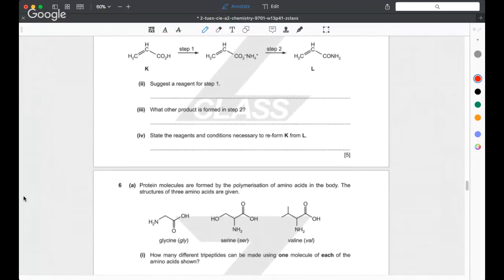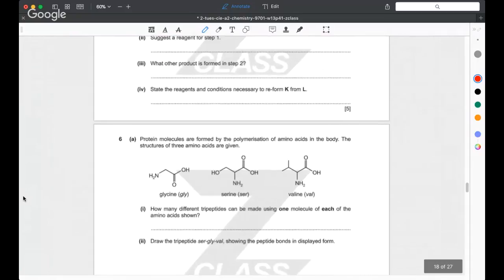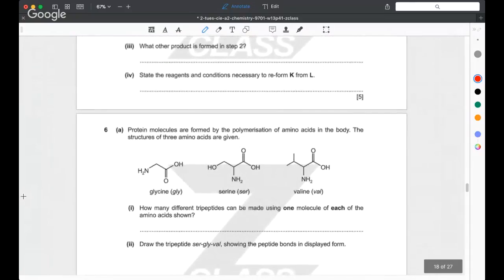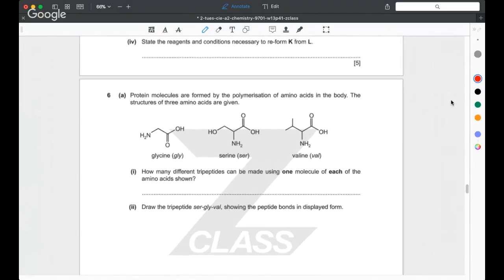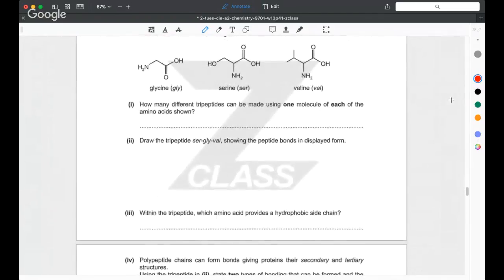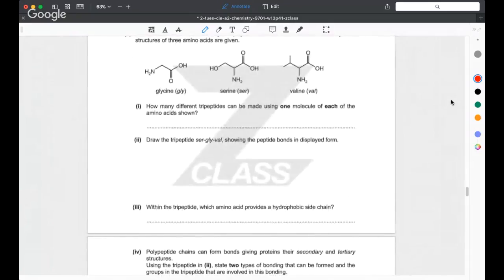Okay, let me talk about these protein molecules formed by polymerization of amino acids. All right, so the thing about amino acids, and it's not very clear from the way they've drawn them here, but every single amino acid has a kind of core structure.